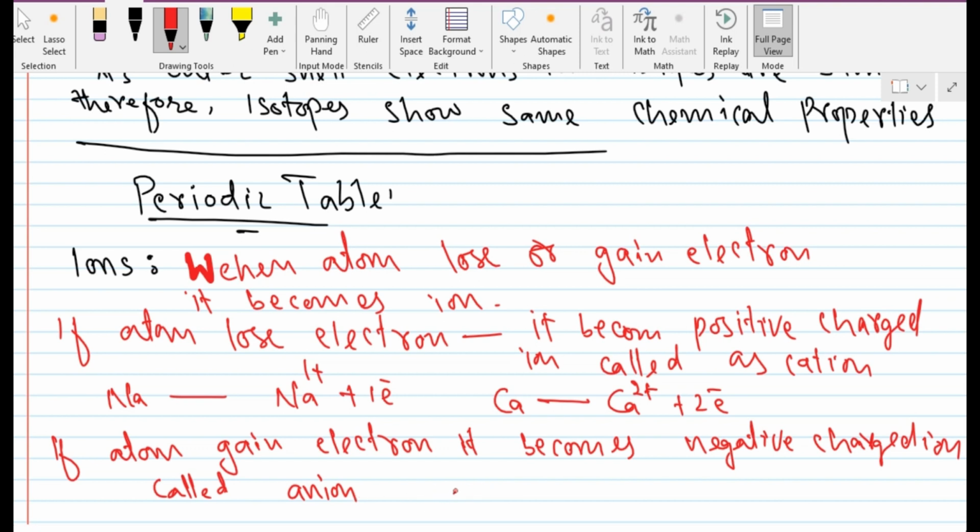For example, chlorine gains 1 electron and changes into a chloride ion. Another example, oxygen gains 2 electrons because there is a deficiency of 2 electrons. It acquires a charge of 2 negative and its name changes with the ending -ide.